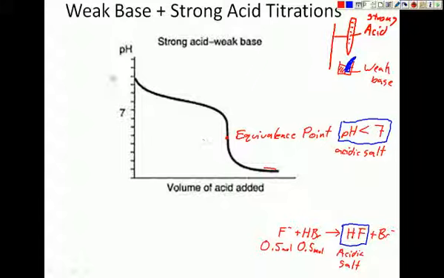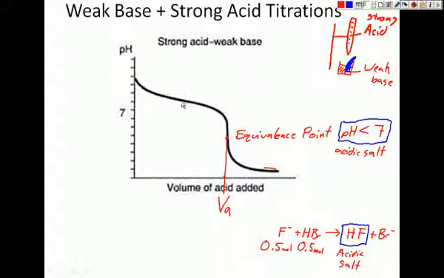Now, let's get a few little definitions here. This right here is our, well, remember in our last one, it was VB for the volume of base added, but since we're adding acid, volume of acid added, this is called our VA.